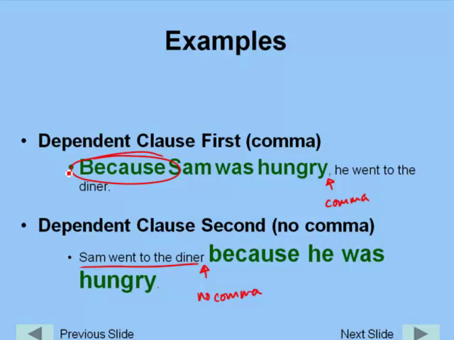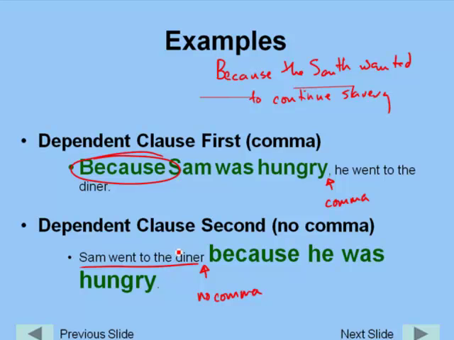That would probably be a perfectly fine answer, and probably a correct answer to the question, but it's not a complete sentence, so I'd have to finish it. If I start with because, I need to finish my sentence.